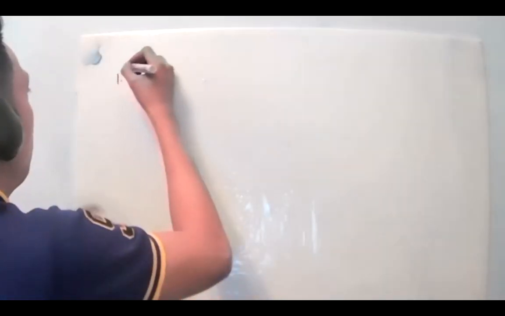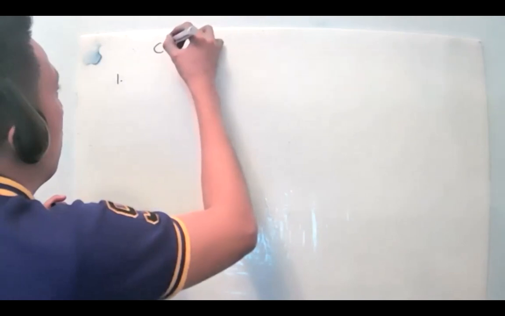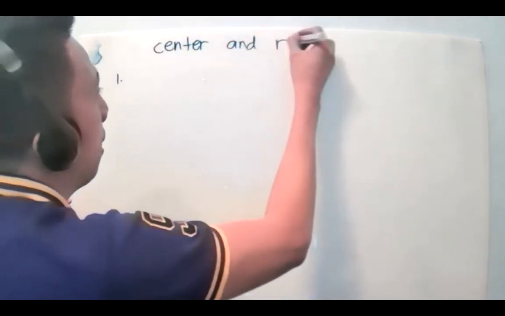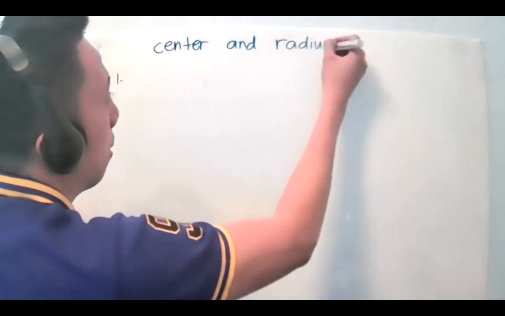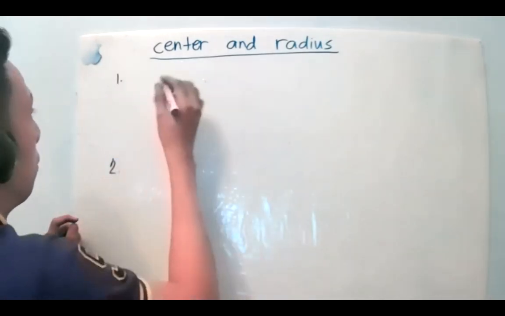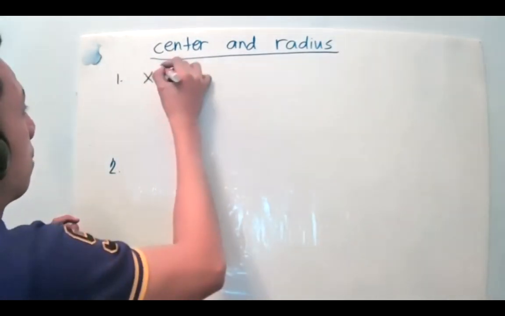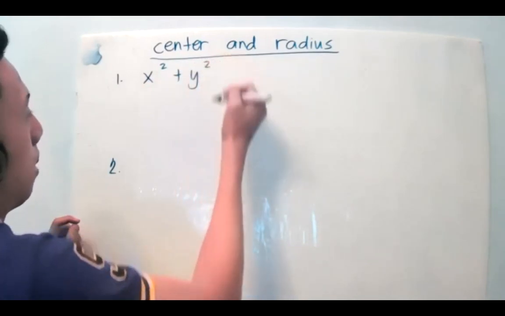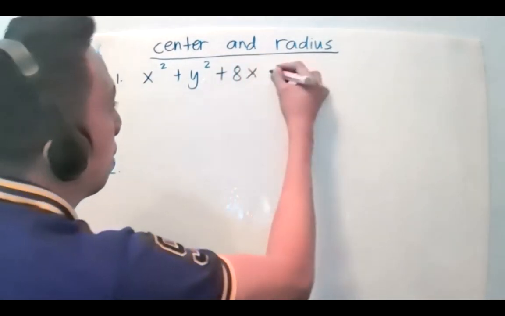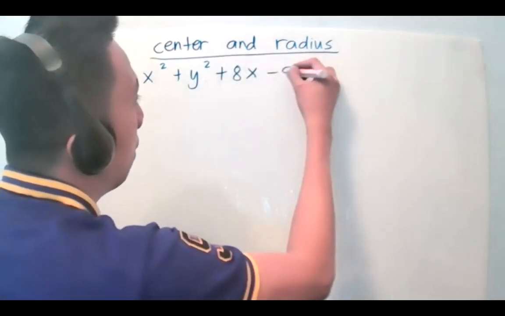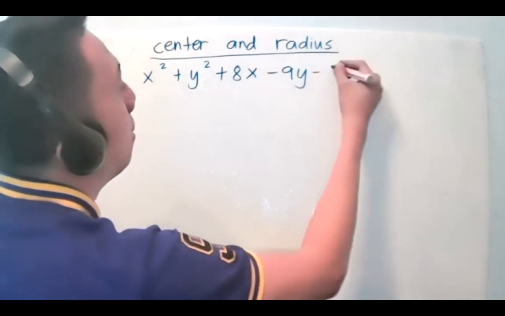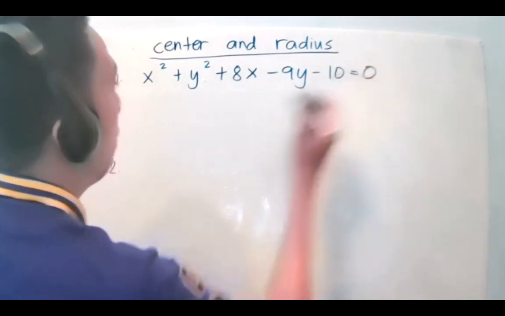Number 1. Okay, you need to find the center and the radius. Find the center and the radius, okay? Number 1 and number 2. We have here x squared plus y squared plus 8x minus 9y minus 10 equals 0.